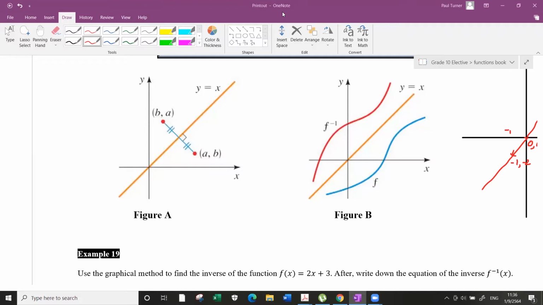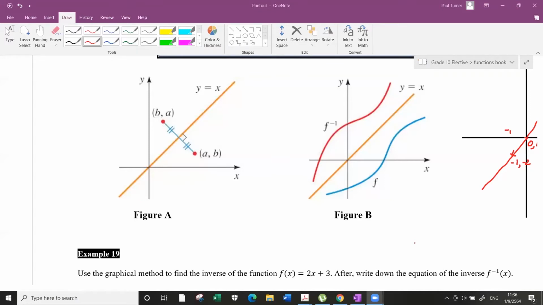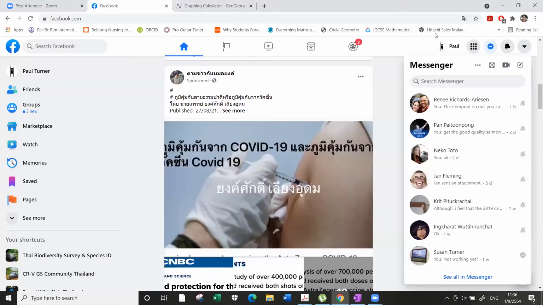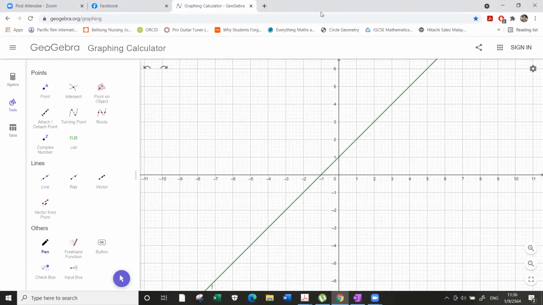Let me stop this one and find the right page. It should be this one. It's not coming up, hold on. I'll get there eventually. Share.